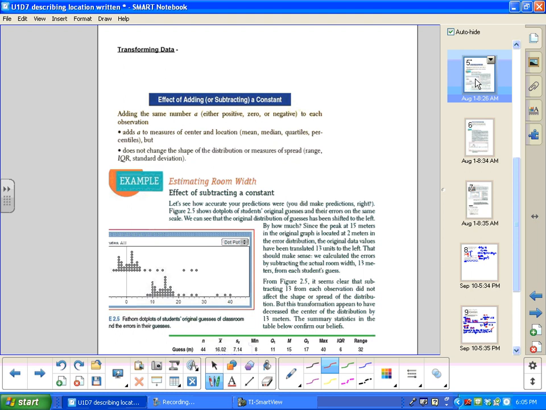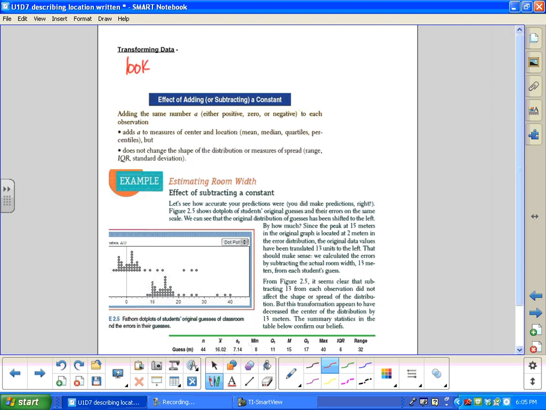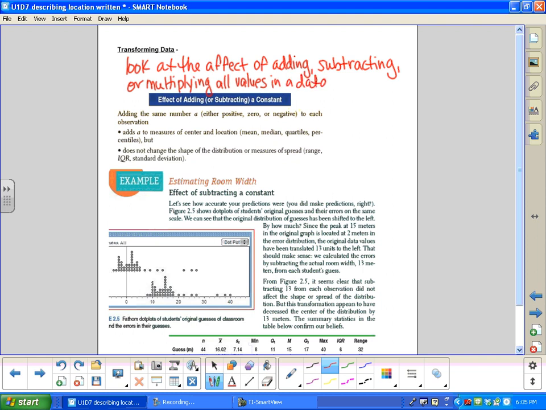Okay, so transforming data, what we're going to do is look at the effect, I think that's effect with an A, I'm awful at that, of adding, subtracting, or multiplying all values in a data set by some number.